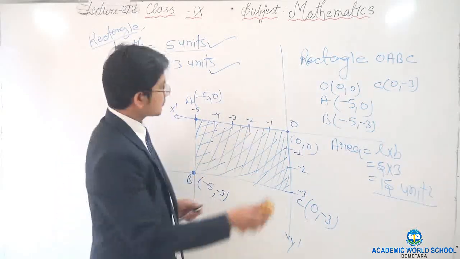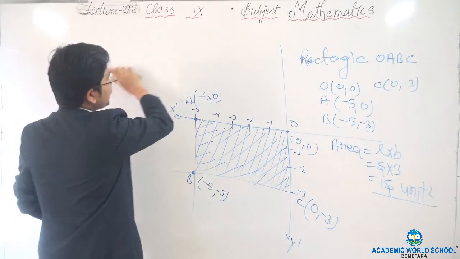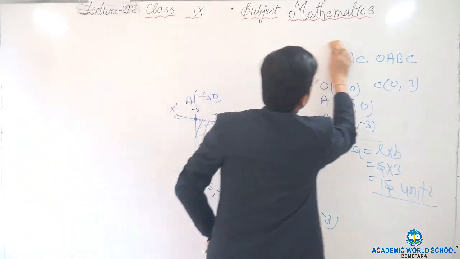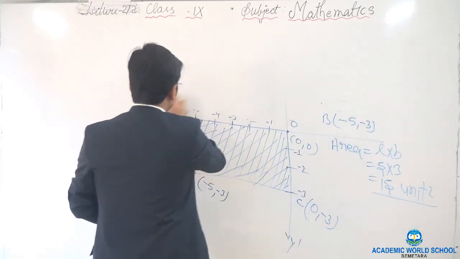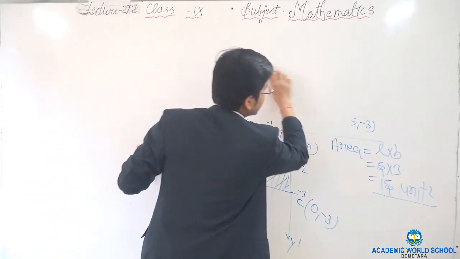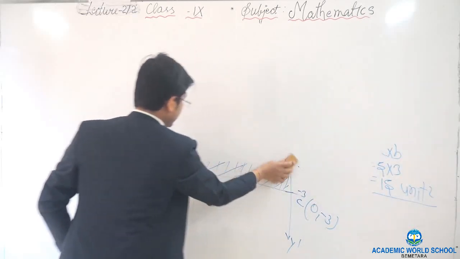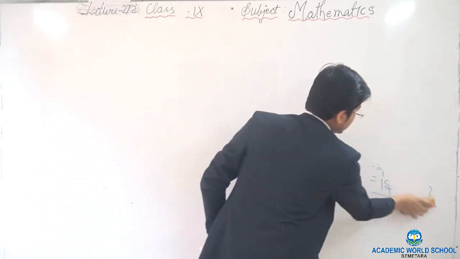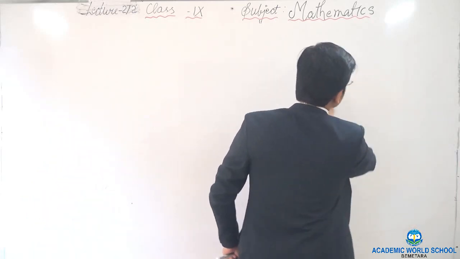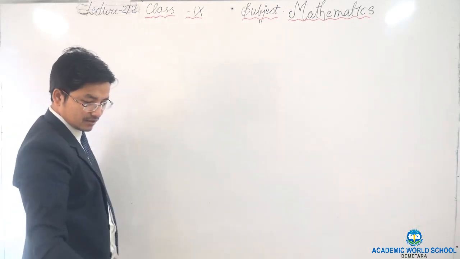Now I am plotting the points, and you have to identify which quadrant they are lying in. Some points may lie on the x-axis or y-axis.